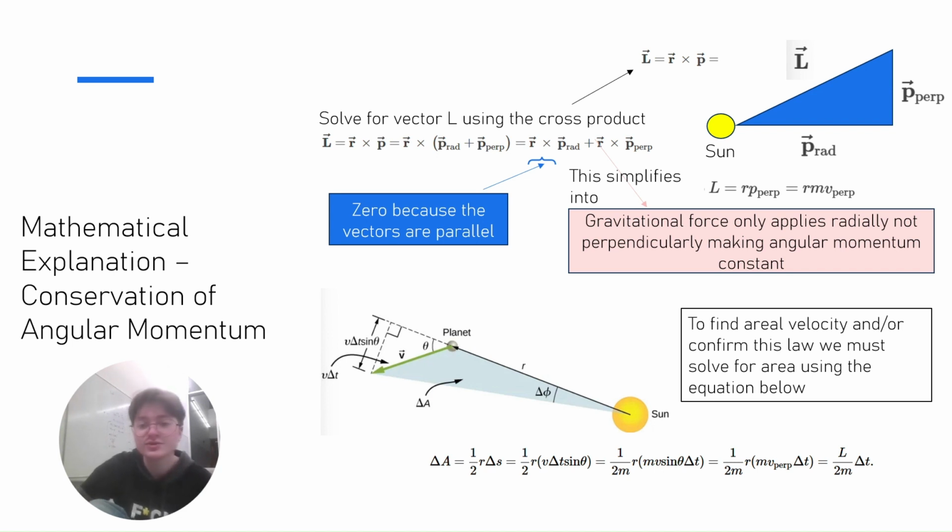So if we do that, we can look at this cross product right here. And that allows us to look at the vector shown in the triangle I have over here.